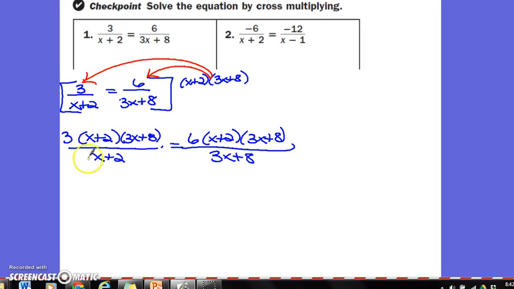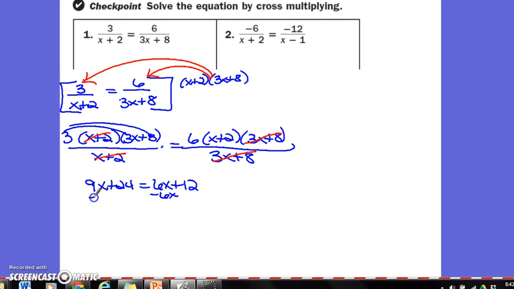We are now going to cancel. Now we simply have a multi-step equation. So 3 distributed in, so you get 9x plus 24 equals distributed your 6x plus 12.